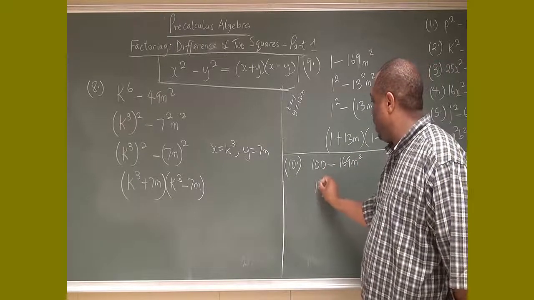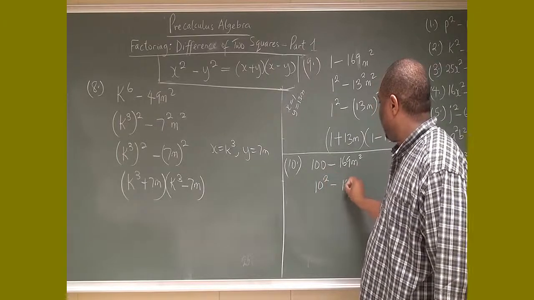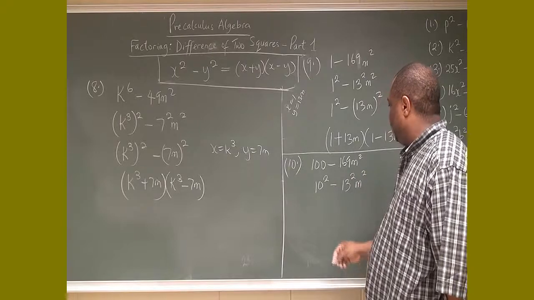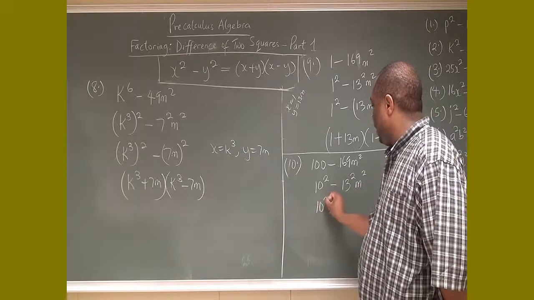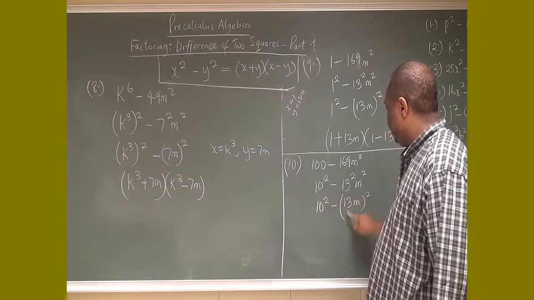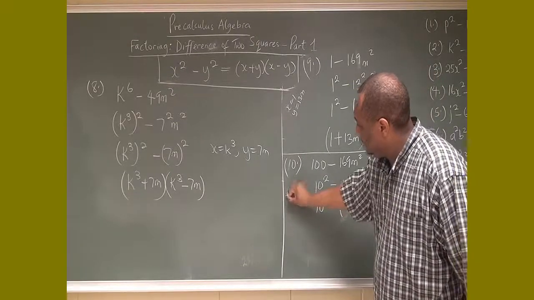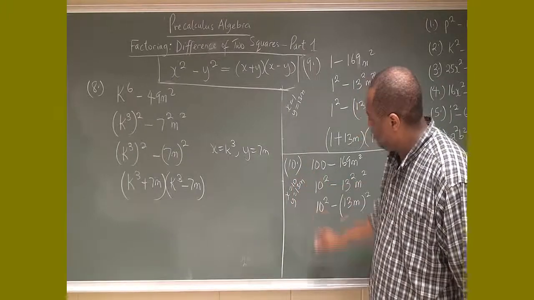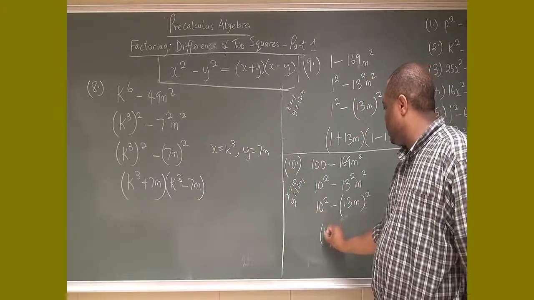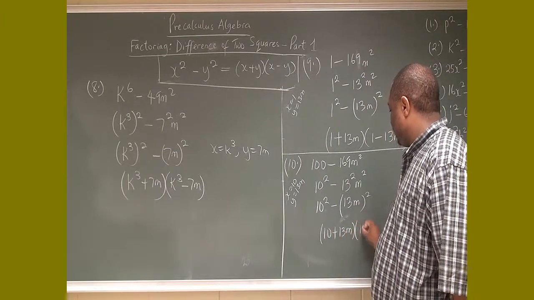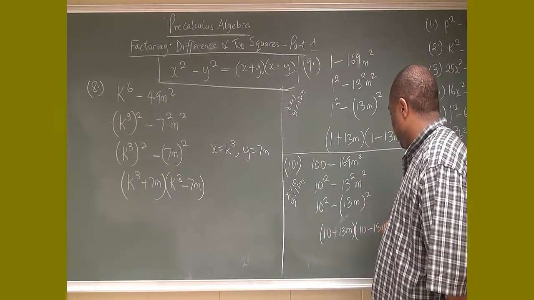So this is 10 squared minus 13 squared m squared, which is 10 squared minus 13m all squared. So in this case, your x is 10 and your y is 13m. So this will be 10 plus 13m times 10 minus 13m.